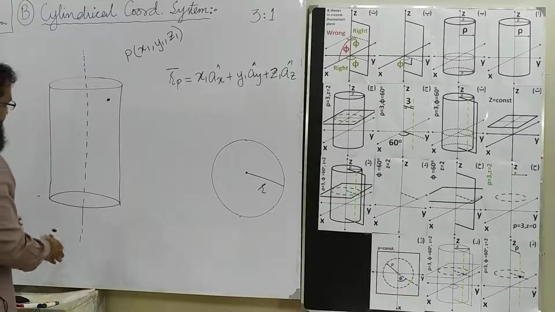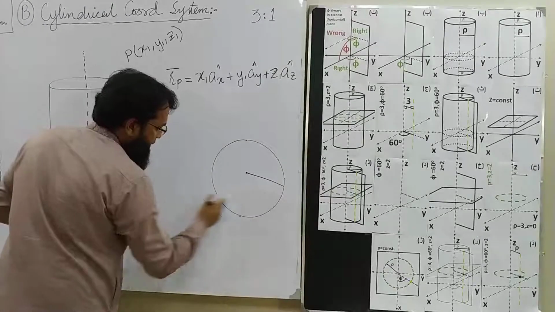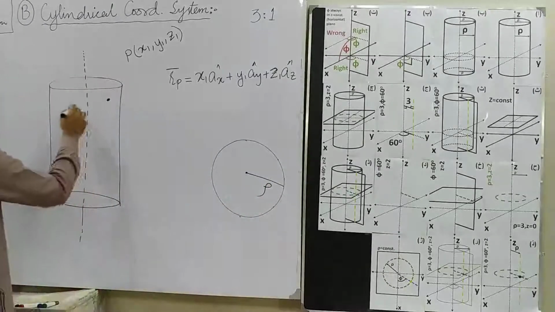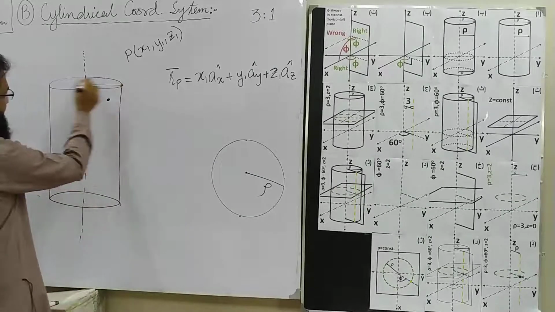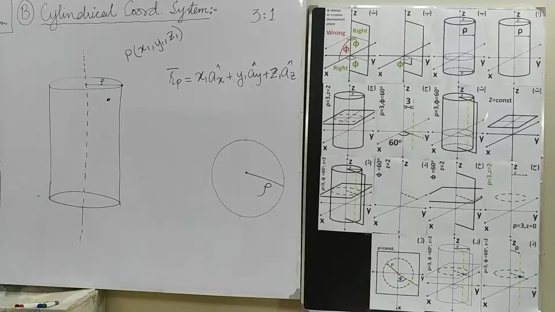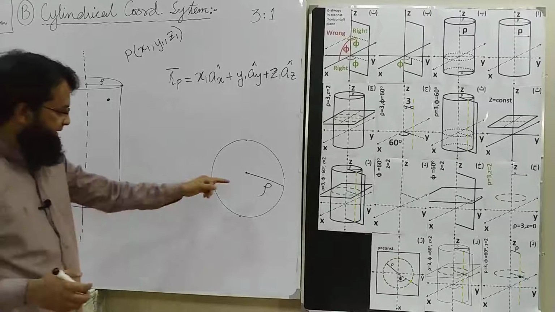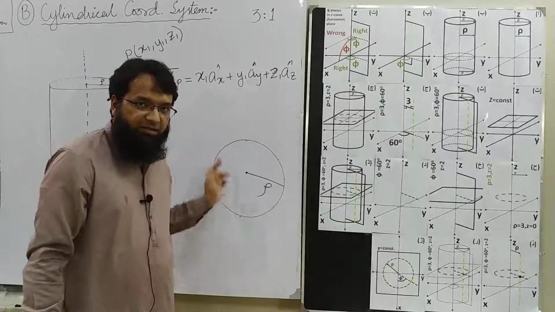Similarly, a cylinder has some distance, let me call this radius rho. Every point is some rho distance away from the central axis. So this is how a cylinder is defined. A cylinder is defined by two things, just like a circle is defined by two things, a center and its radius.